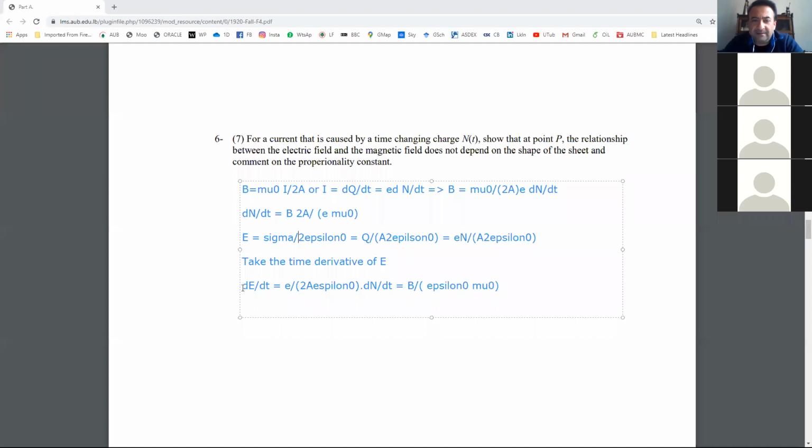So now clearly you can see that the relationship between the electric field time variation and the magnetic field has only one thing, which is the proportionality constant. Do you have an idea about the proportionality constant? Guys, what is the proportionality constant? Do you know?